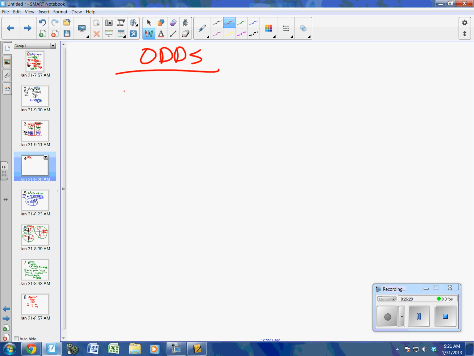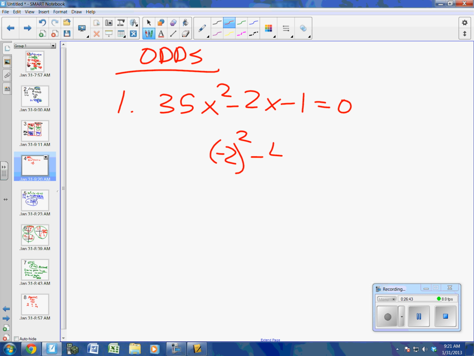Okay, number 1, I'm going to give you an example. 35x squared minus 2x minus 1 equals 0. All you're going to do right here is b squared, which is negative 2 squared, minus 4 times a, which is 35, times c, which is negative 1.